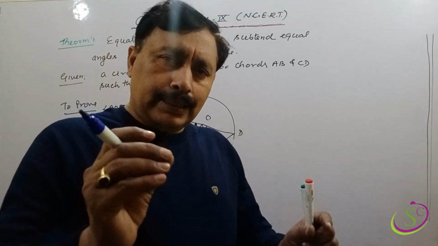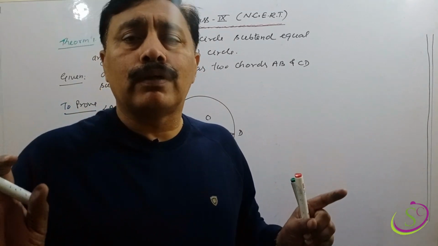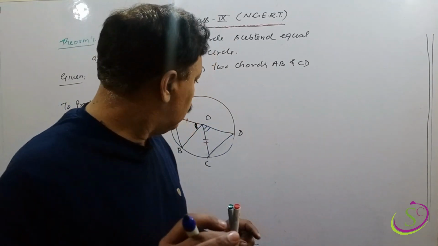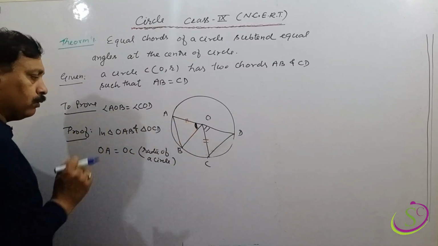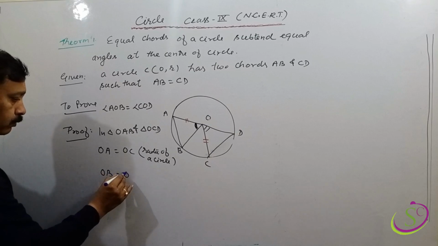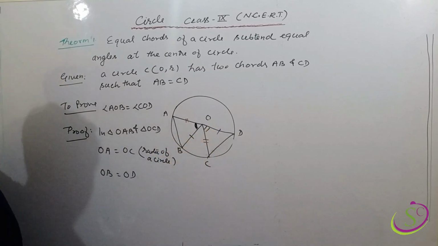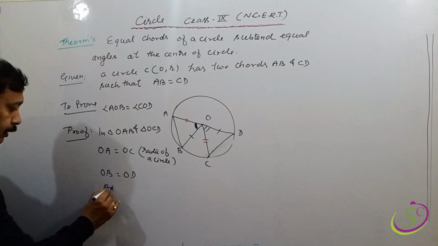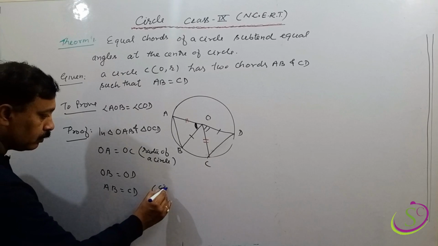So many radii can be drawn in a circle. All the radii will be equal in length. Okay. So OA equal to OC. Similarly, OB equal to OD. And AB equal to CD, that is given.